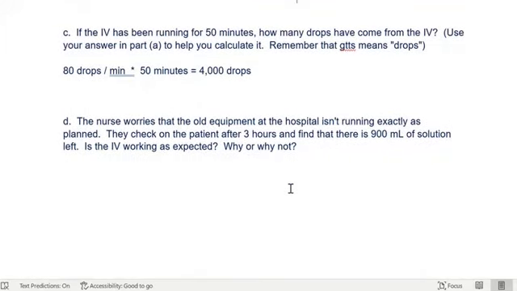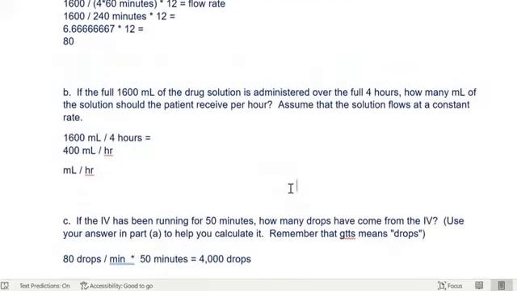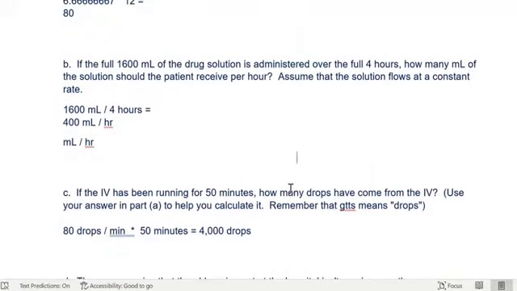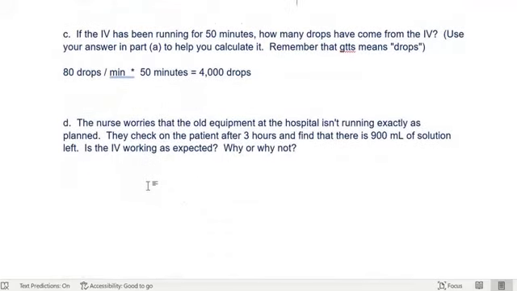And then part D says there's a patient, 3 hours, there was 900 milliliter solution left. So it started with 1,600, ended up with 900. Back in part B, we found out that we're dripping 400 milliliters per hour.